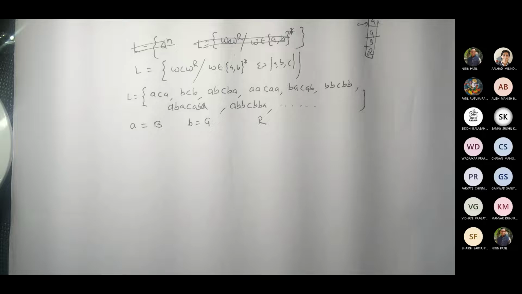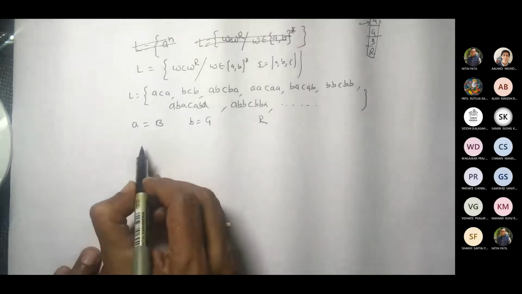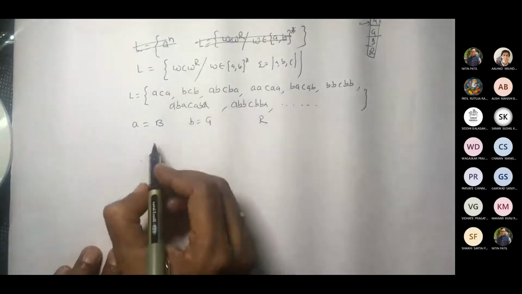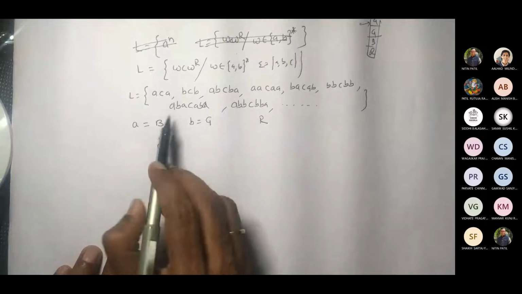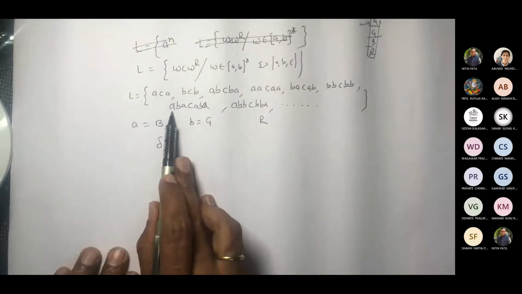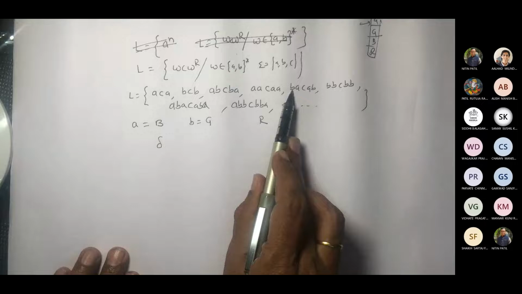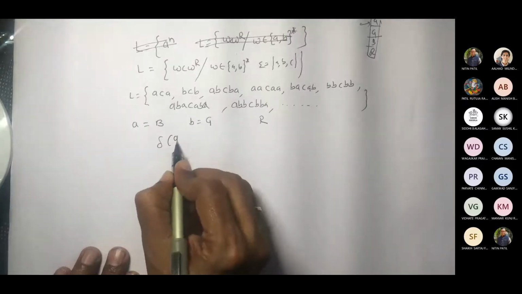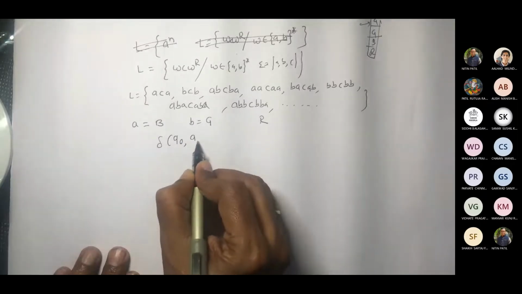If I get B, then I should see at the top of the stack a green plate. Otherwise, the string is not accepted. So let us try it. Initially, as I said, before C, there would be push. The possibility is that your string may start with A, or your string may start with B. So we are going to have the start configuration like this.